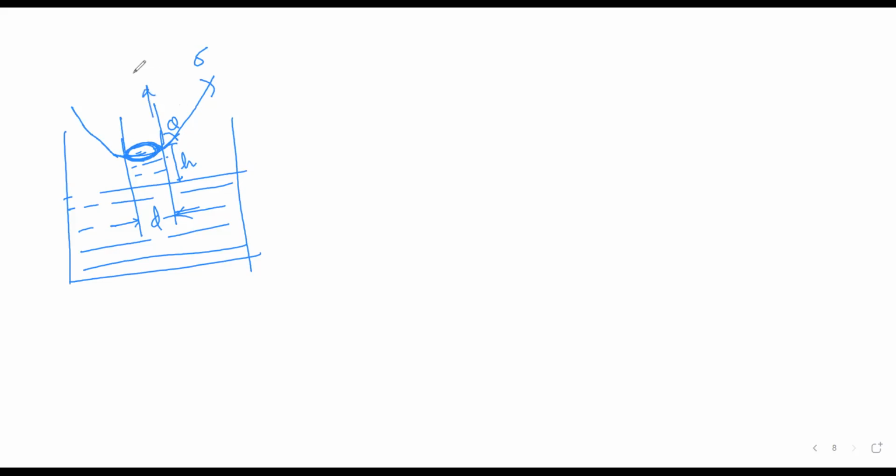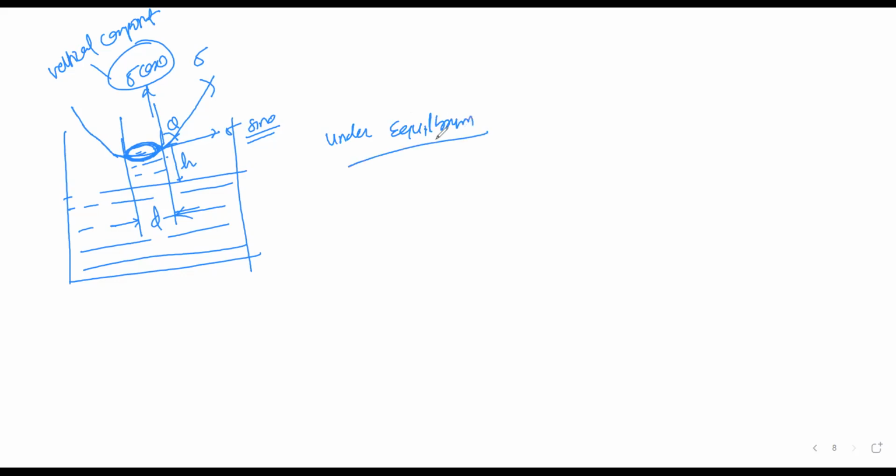This sigma you resolve: on this side it will be sigma cos theta, and on this side sigma sin theta. Here the rise always occurs due to the vertical component. So under equilibrium, I will directly use the equilibrium formula. If there is a rise of a liquid, there must be a force, and that is the adhesive force.